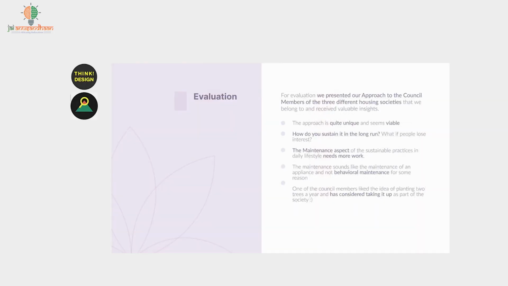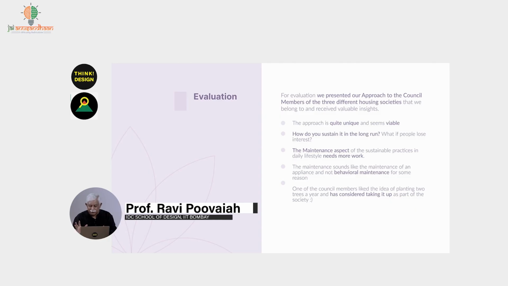After this, they went back to some of the societies. They had got feedback in their primary research, and they showed what they had thought of as a solution and got some feedback. The feedback was that the approach seems to be quite unique and seems viable. But how do you sustain it over a very long period of time? What if people lose interest?